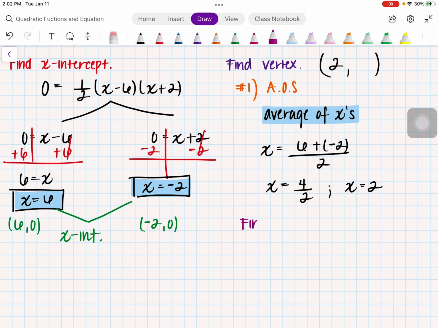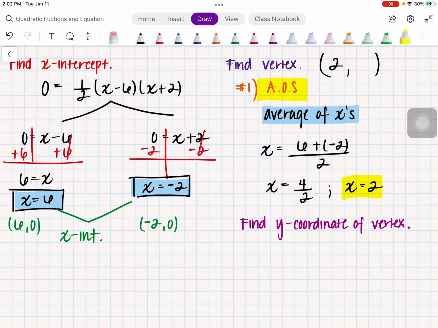Last step in this case is to find the y coordinate. And I know this might seem like a lot of work, but once you get the hang of it, it's pretty simple. So if we want to find the y coordinate of the vertex, we do have to do some substitution.